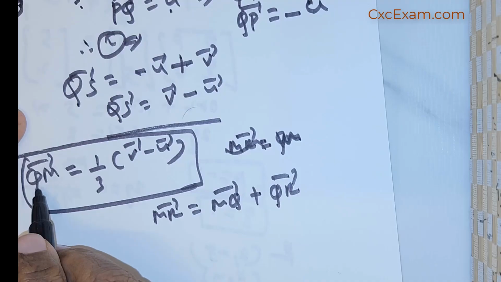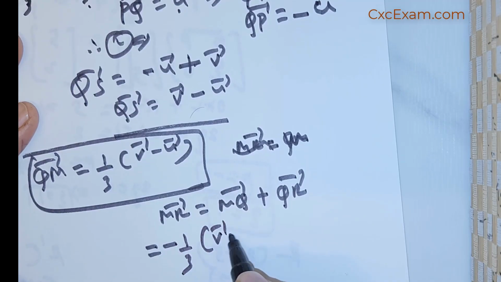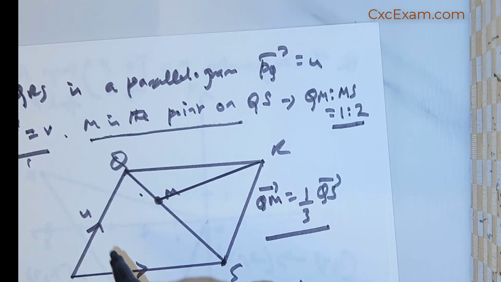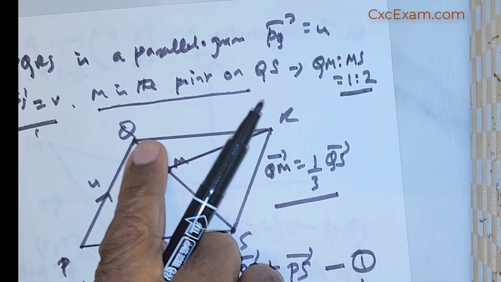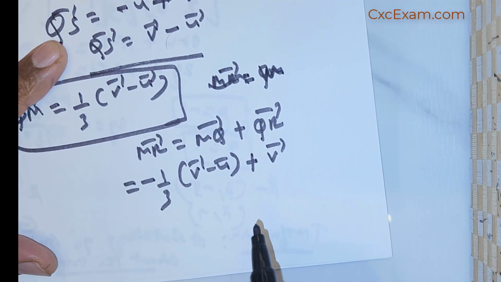So this is going to be our setup. But QM we have got, we do not have MQ. So to get MQ, you add a negative sign. So it's going to be 1 over 3 of V vector negative U vector, positive QR vector. Now let us check what this QR vector is. PS and QR are parallel, so QR vector is going to be V vector.